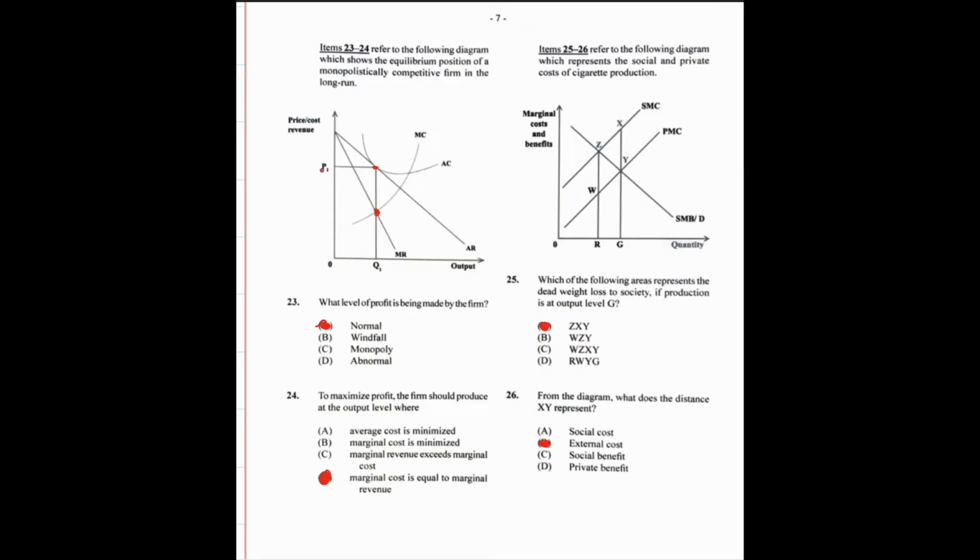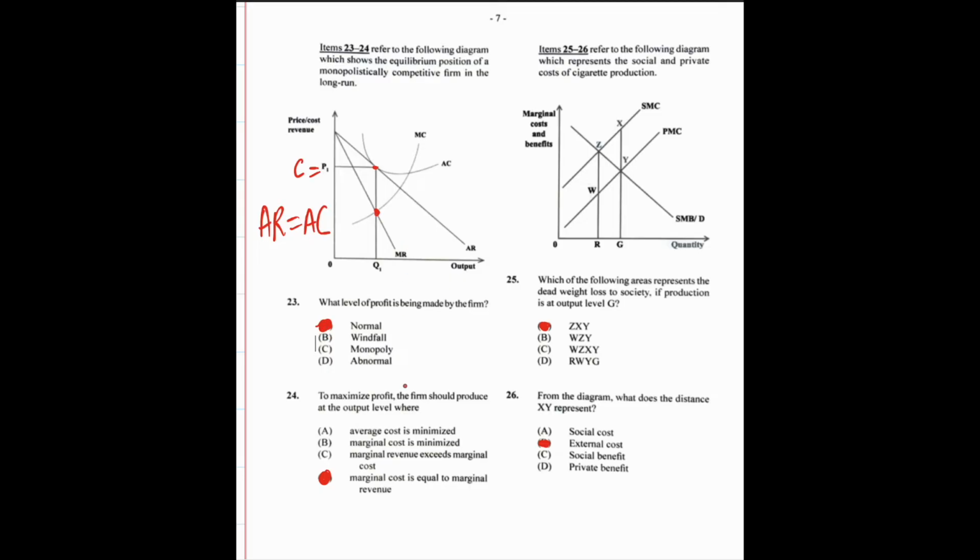So you can find that when you extrapolate to the y-axis, the price is actually the same as the cost. So if the price, that shows that AR is equal to AC, which indicates normal profit, because this shows that the firm is making the minimum profits necessary to sustain business, which is normal profit, A.